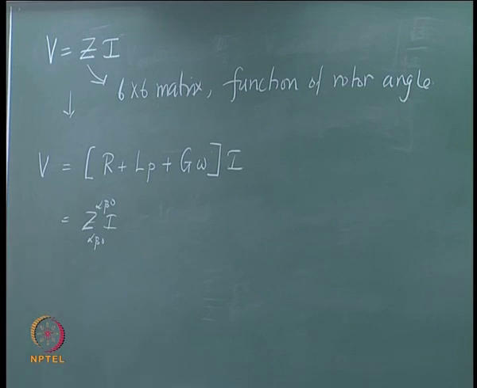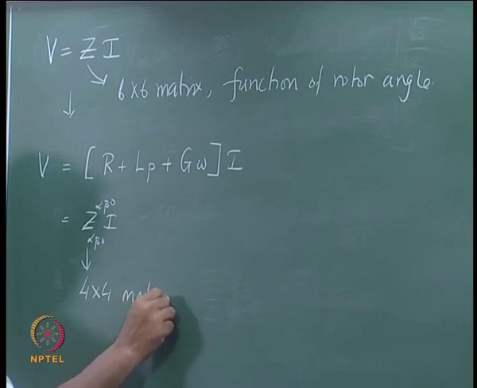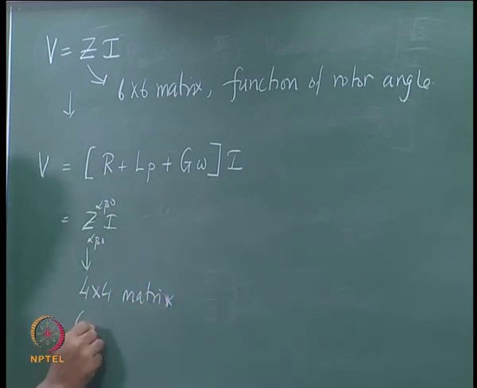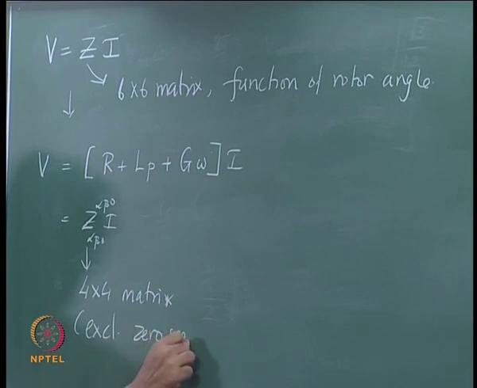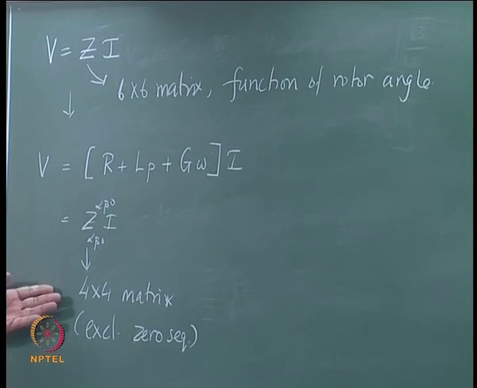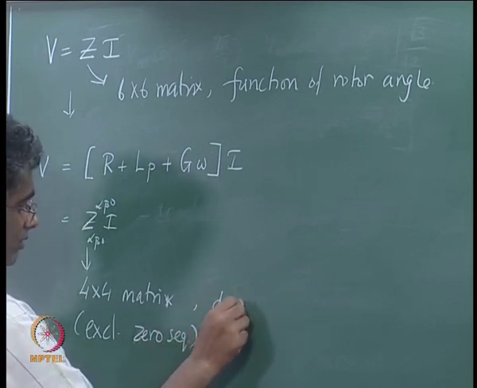In this description, if we exclude the 0 sequence parts, this impedance matrix is only 4×4. But even though we have apparently reduced the size here, the matrix is still dependent on rotor angle.